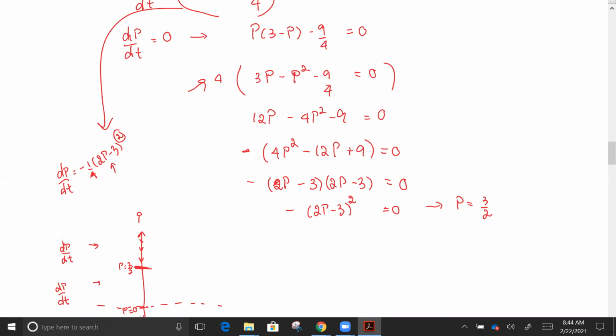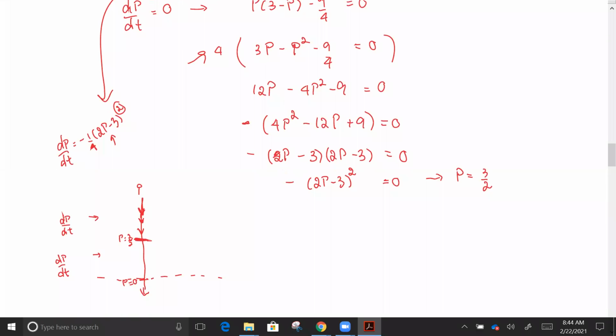I should not put the arrow up there. So for the interval P greater than 3/2, the rate of change is negative, so the arrow is coming down. It's the same situation for P between 0 and 3/2, because the power 2 makes the quantity positive, and then multiplying by negative 1/4, the derivative is still negative for the other interval.